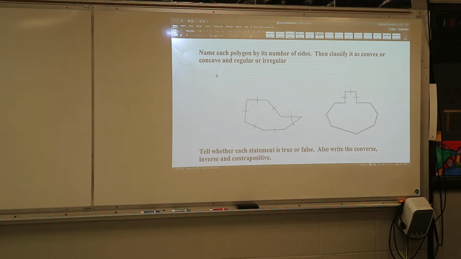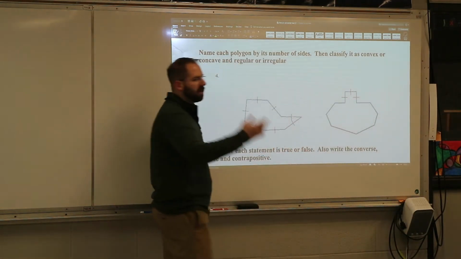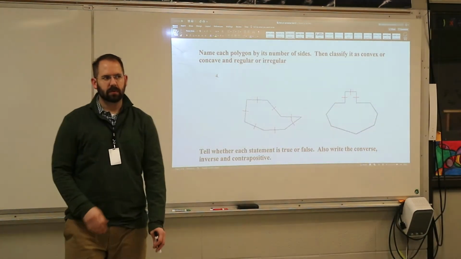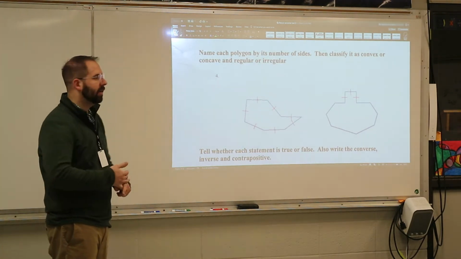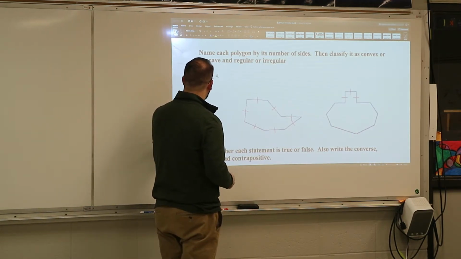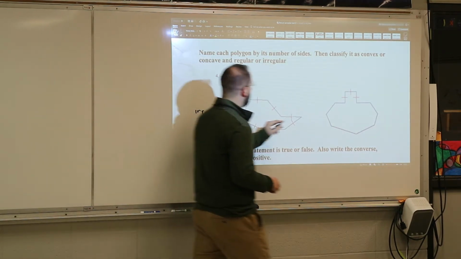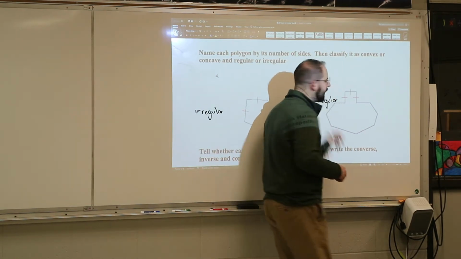For the regular picture, all the walls and all the angles have to be marked. Do all these pictures have every wall and every angle marked? No, they're not. They have some walls marked, they don't have all the angles marked. So automatically, both of these pictures are irregular. I can tell in the first second they're both irregular.